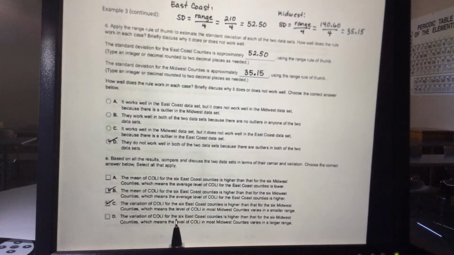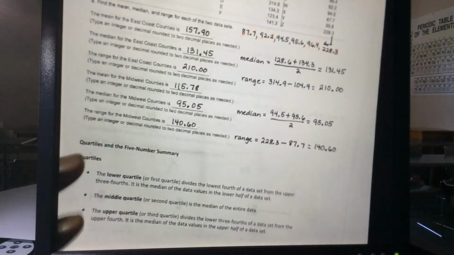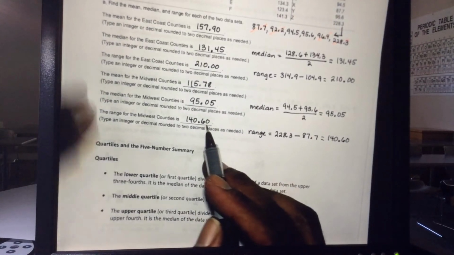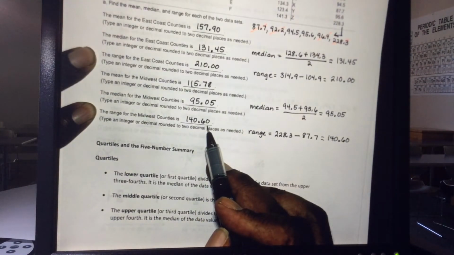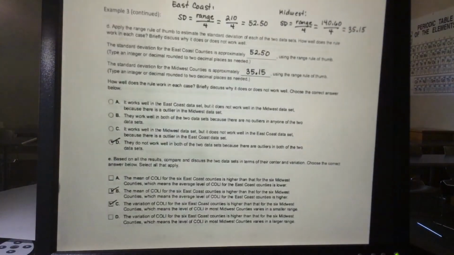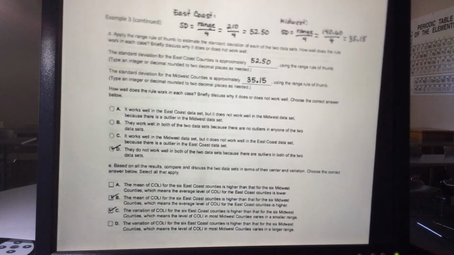And that means the level of COLI in most Midwest counties varies in smaller range. And I think they want the range. They're probably looking at the range right here. 210 and then 140.60. Okay. So this is all of example 3.